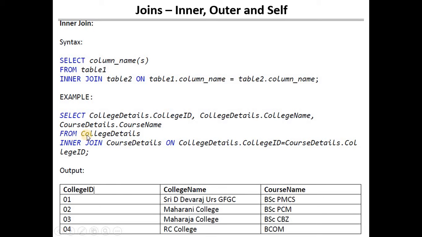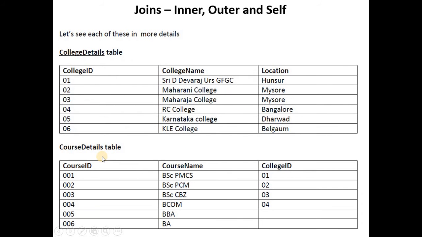From college details, inner join course details on college details dot college ID equals course details dot college ID.